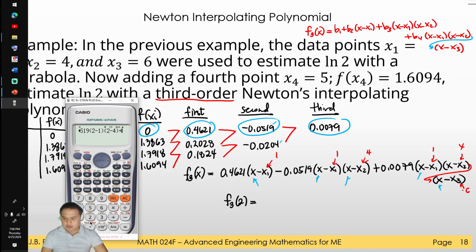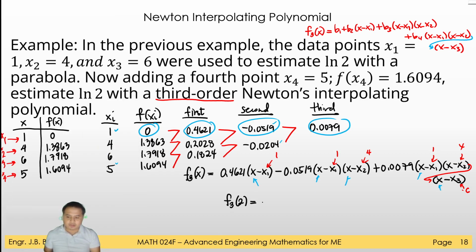Okay, and then plus 0.0079. We have 2 minus 1, then 2 minus 4, then you have 2 minus 6. So the final answer here will be 0.5357. Okay, so your estimate here will be 0.5357.